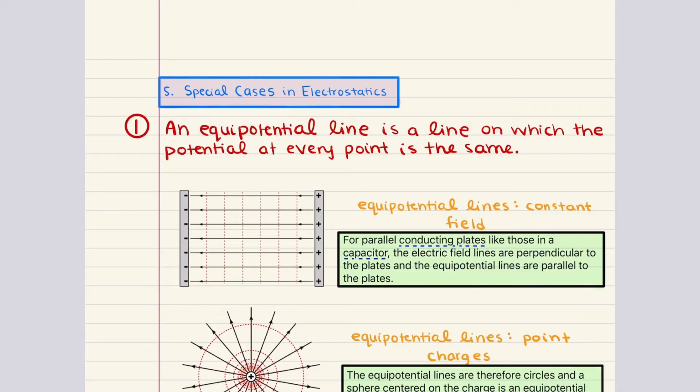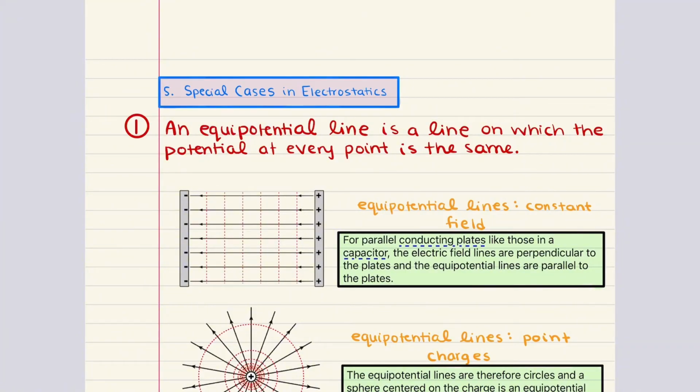What's particularly important to note is that electric field lines and equipotential lines are always perpendicular to each other. This is a crucial characteristic that we're going to see across different scenarios. Let's discuss 3 specific cases where equipotential lines are important: constant electric fields, point charges, and dipoles.